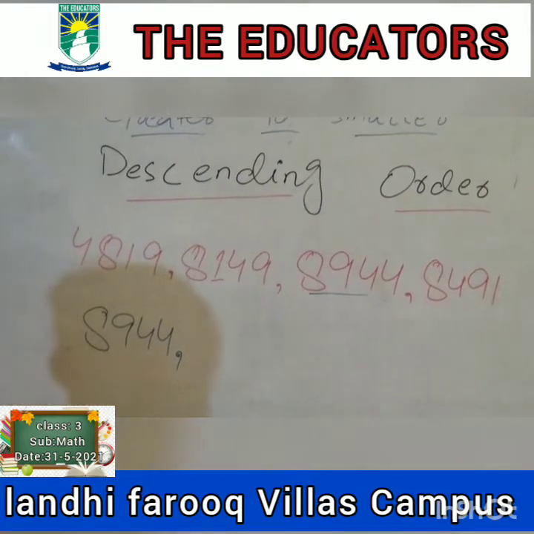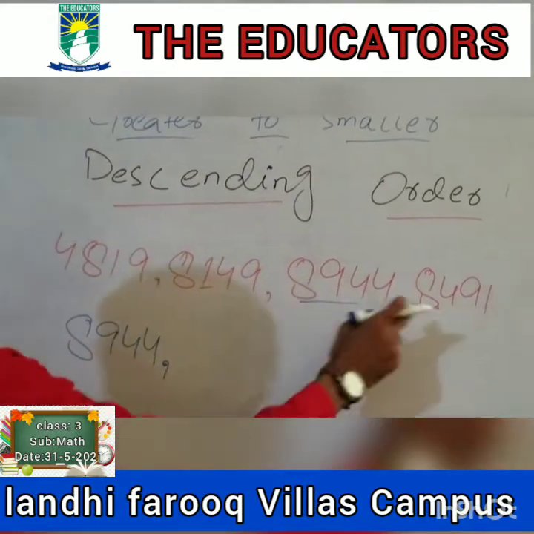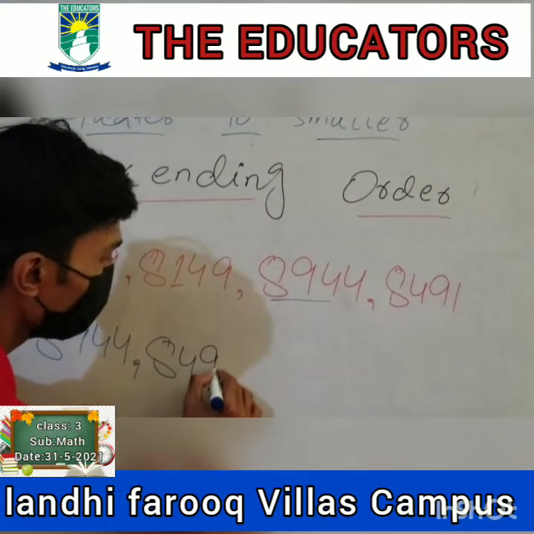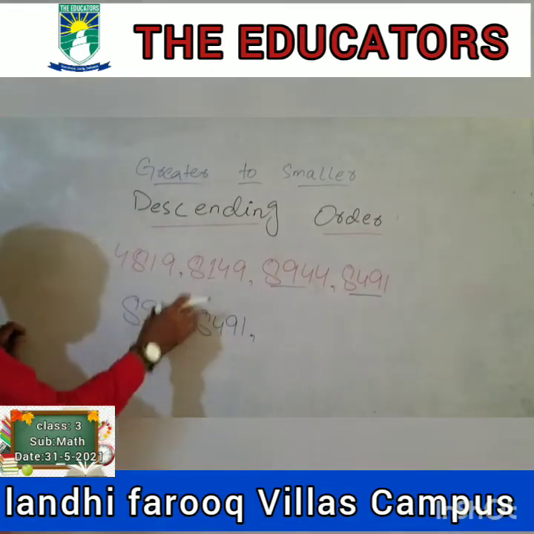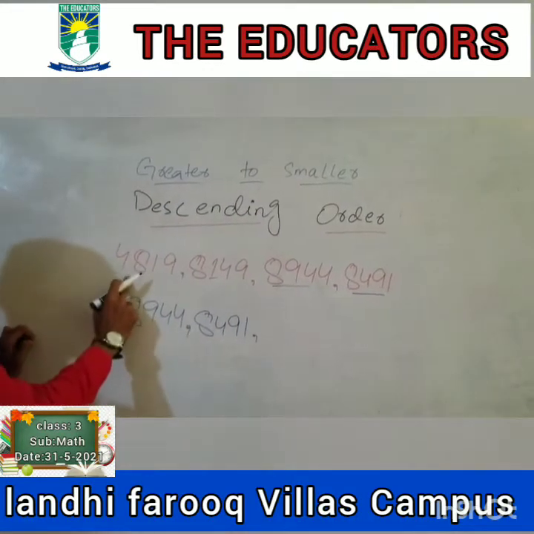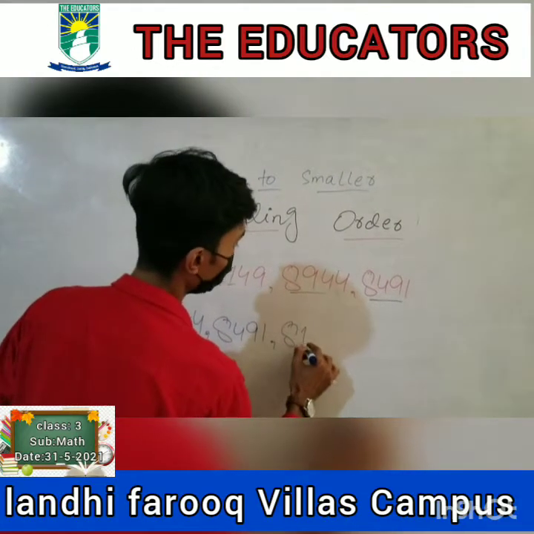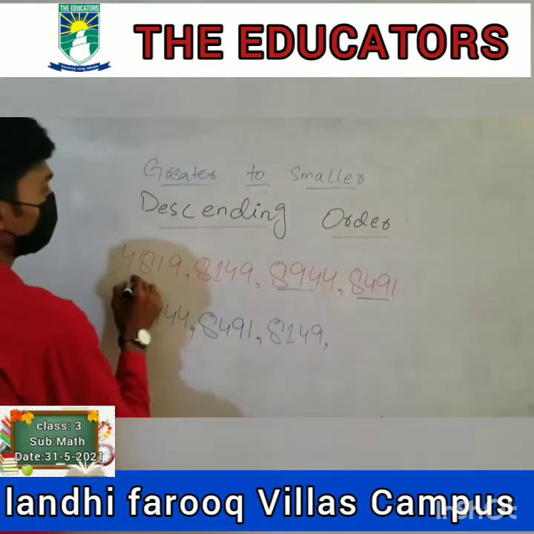Now what is the greatest? 48, 81, 84. 84. So we will write 84. Now skip this. We have 2 numbers, 48, 81. 81 is the greatest. So we will write 81. And last this, 48.